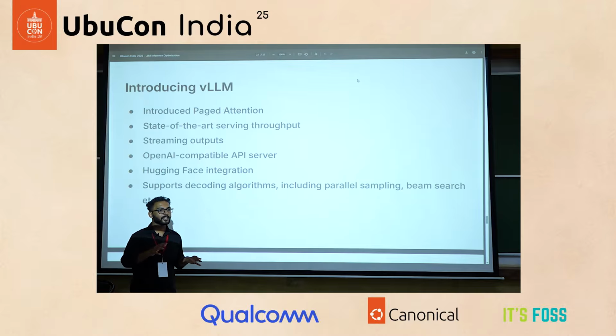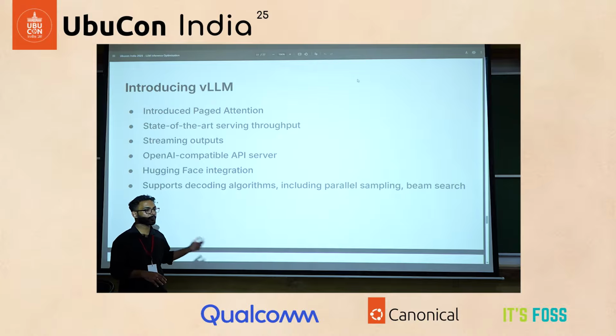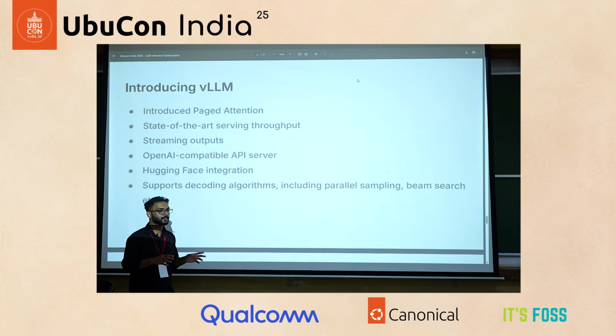So if you have integrated OpenAI at some time and you don't want to change the code base, you can still use VLLM to serve your own model and use the same code base itself. And it has integration with almost all the models in Hugging Face. If a model doesn't work, you can raise an issue in the VLLM repo. The team is very supportive. They will add support for that model, and it supports various decoding algorithms as well. So it's a good framework that you could use for LLM serving.